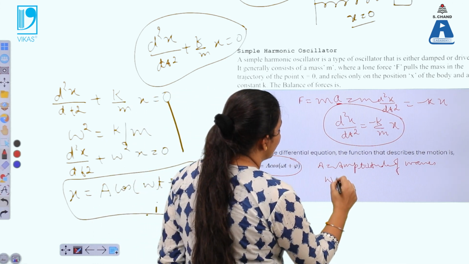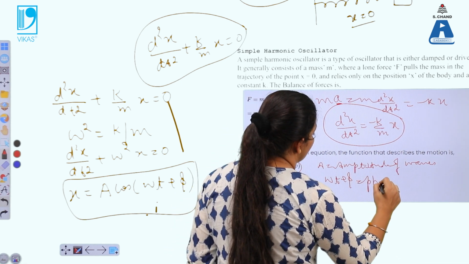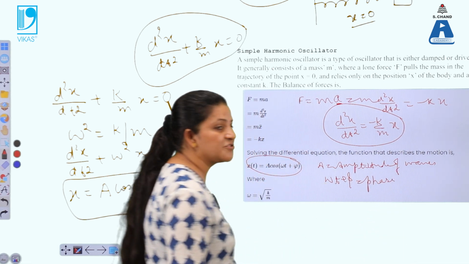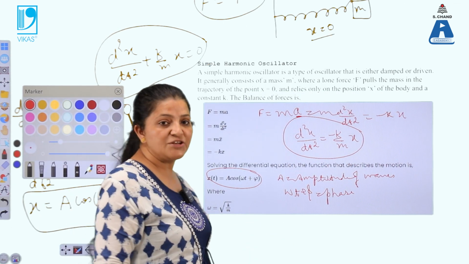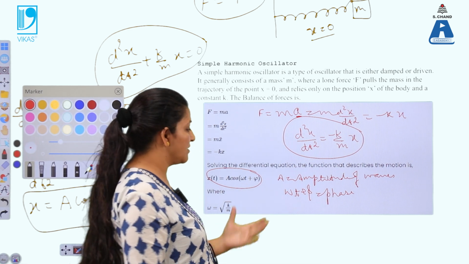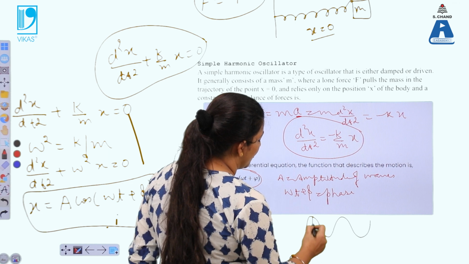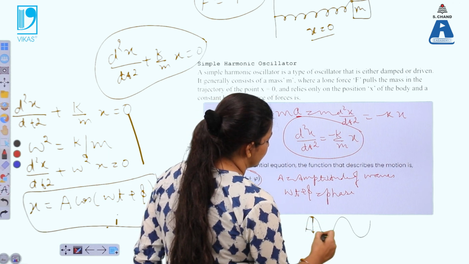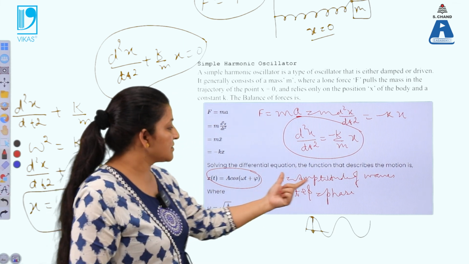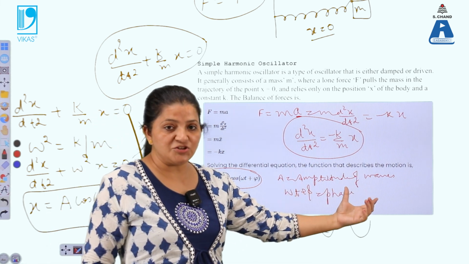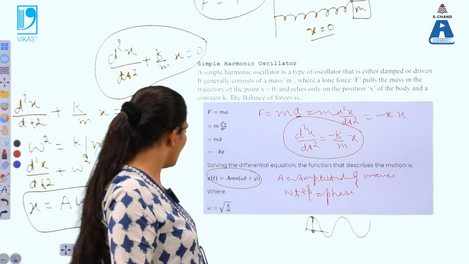And omega t plus phi, what is it? That is the phase of oscillation. We know that oscillations are waves, and for waves there is an amplitude as well as a phase associated with them. So A is known as the amplitude of the oscillations and omega t plus phi is known as the phase of the oscillations.